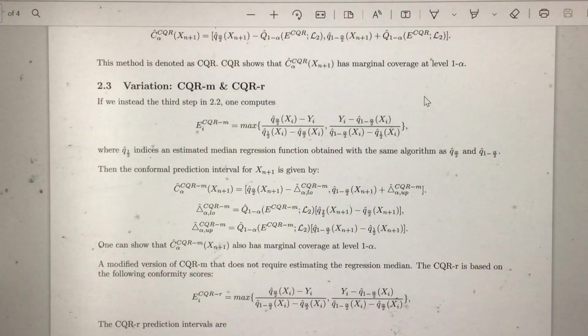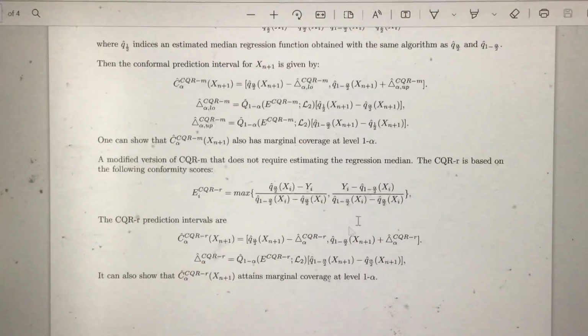This is based on the following conformity scores. The main difference will be the denominator. It becomes Q hat 1 minus half of alpha minus Q hat half of alpha. You can see that for both of them the denominator is the same. So we can get the CQRR prediction intervals.